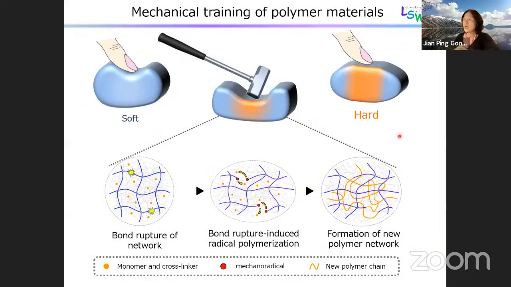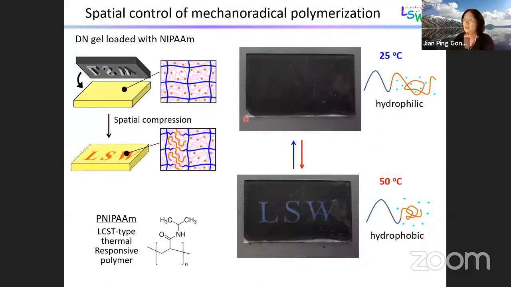Then next, our question is whether we can strengthen the materials by such mechanophore polymerization. For the previous examples, we only used the monomers. So what is formed is a linear polymer in the damaged part. So a linear polymer is like a grafted chain.